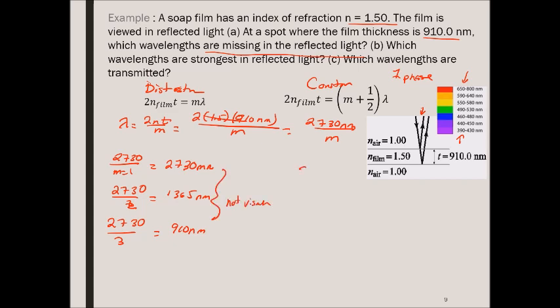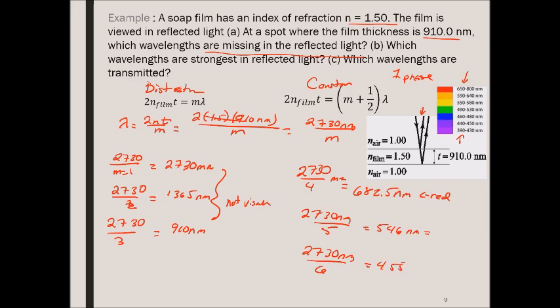Then we do 2,730 nanometers over 4, which gives us 682.5 nanometers, which is a red. Then 2,730 nanometers over 5 is equal to 546 nanometers, which is green, and 2,730 nanometers over 6 is 455 nanometers, and that's going to be a purple.